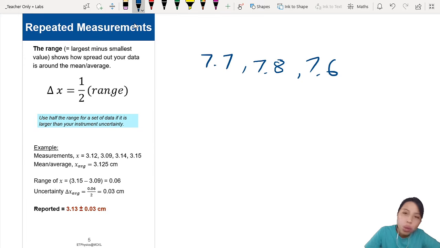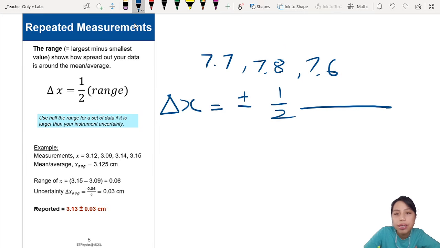Because they are different values, you need to find the range, and half the range. So in this case, my uncertainty will be plus or minus half of the range. What is the range? Oh, this one you have to think of maths a bit.